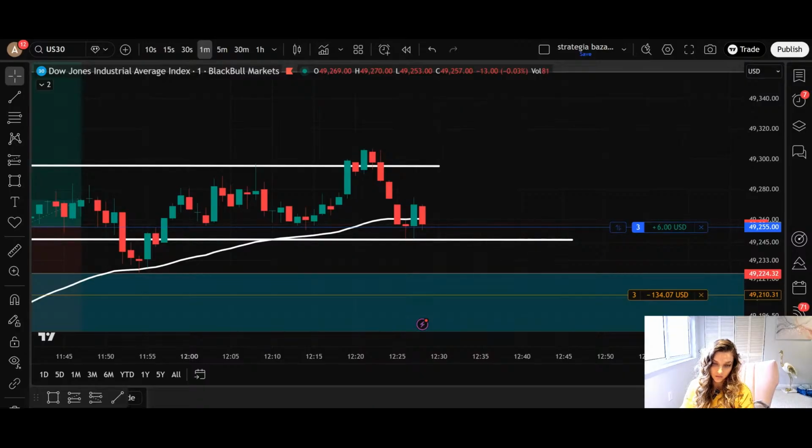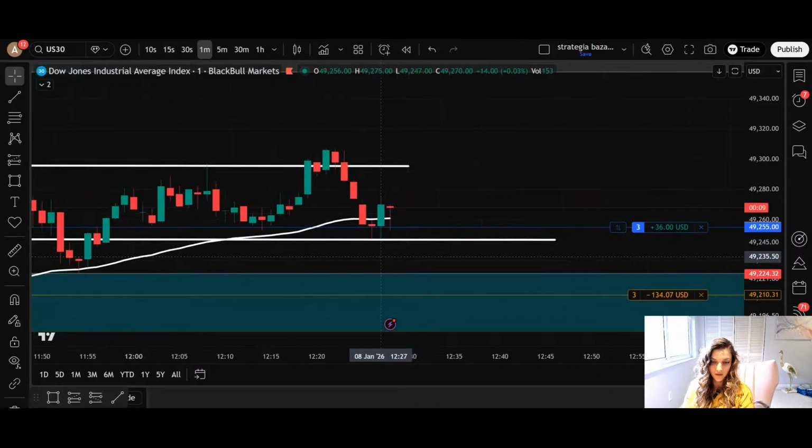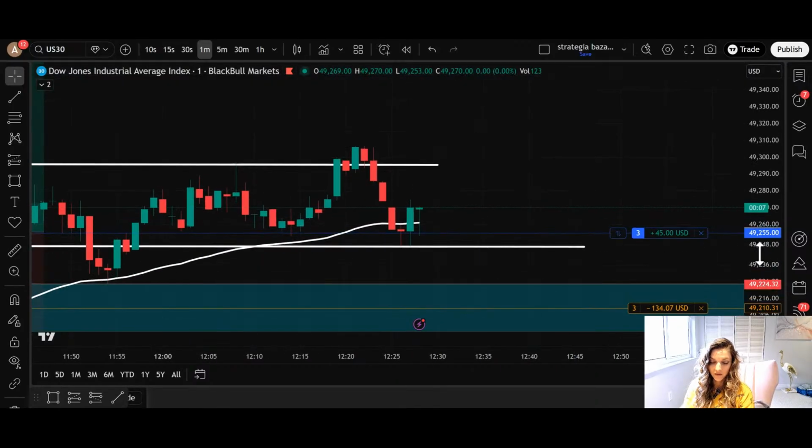So I'm just waiting a few more minutes. Buyers still fighting a little bit around this area, you see? Still fighting. So we're still in the game.